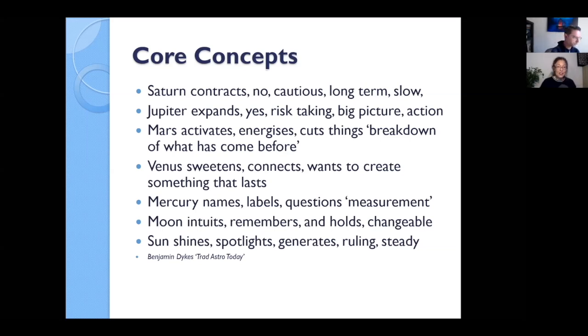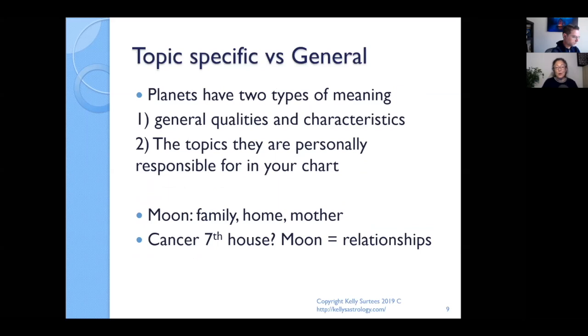But in addition to these core qualities, Mars about action or Venus about beauty, planets also have what I call chart-specific meaning. And this is where the planets take on specific topics just in your birth chart.